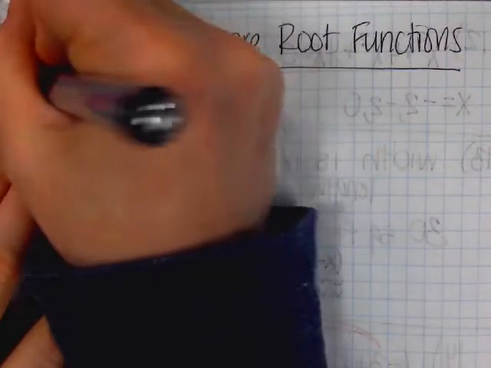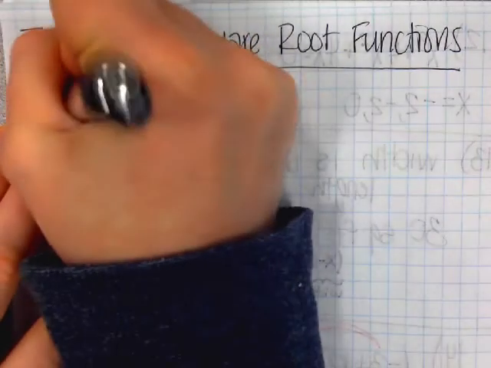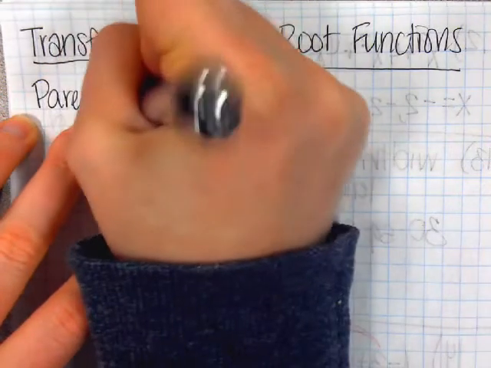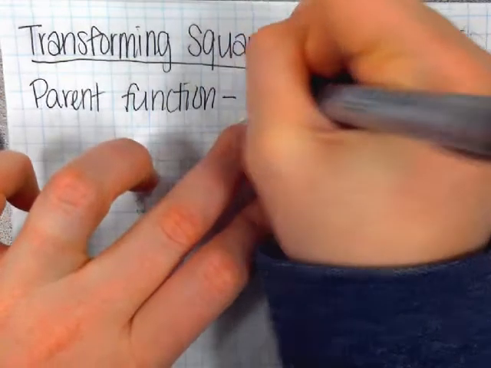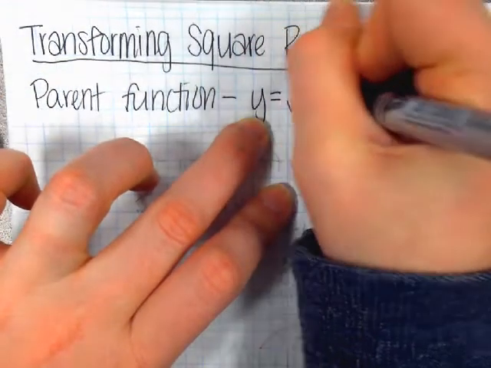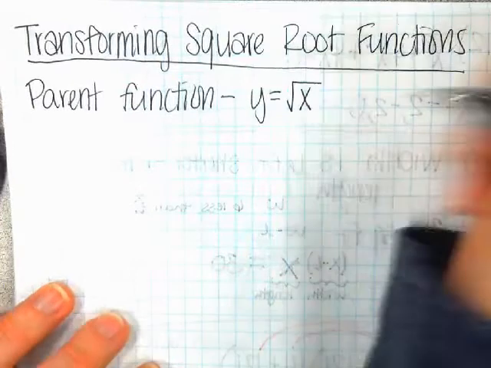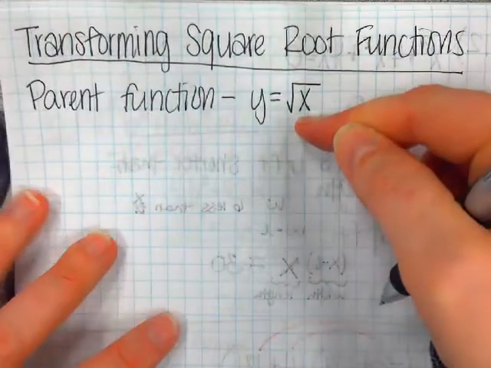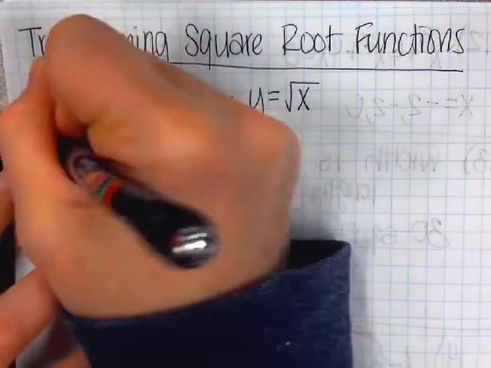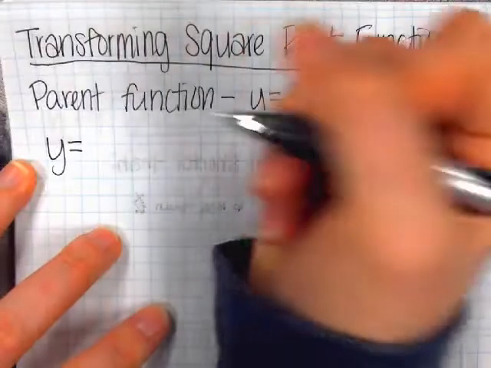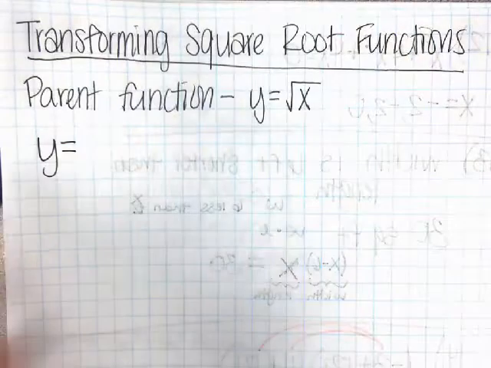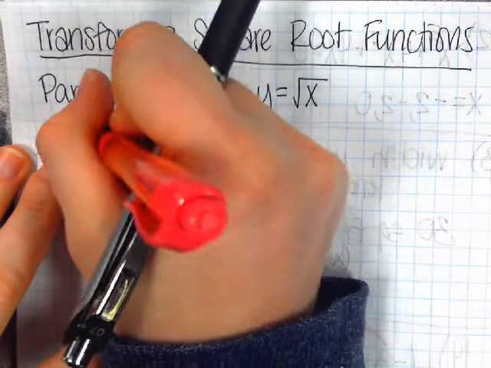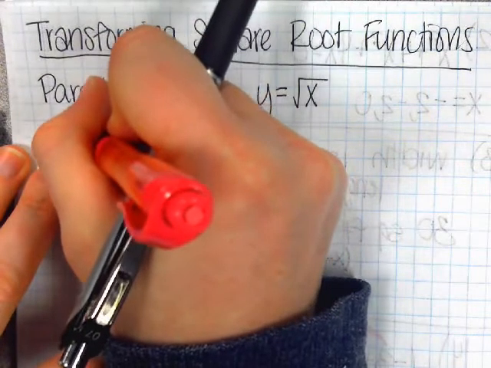So remember, the parent function of a square root would just be y equals the square root of x. And then if you remember, if you look back in your notes, you always have y equals the a is always out front.